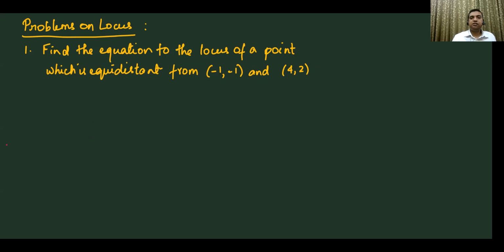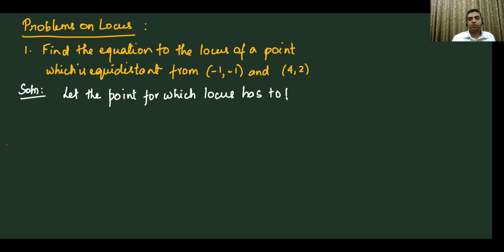So I'll take down this problem. I'll explain the steps because it's a first time. So let the point for which locus has to be found be P h comma k.